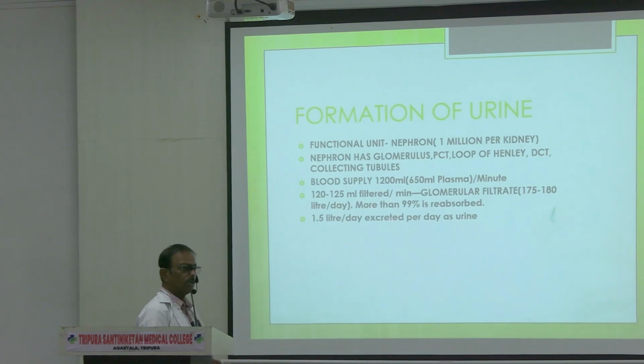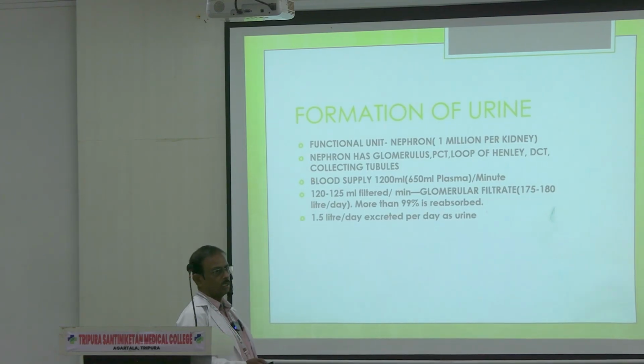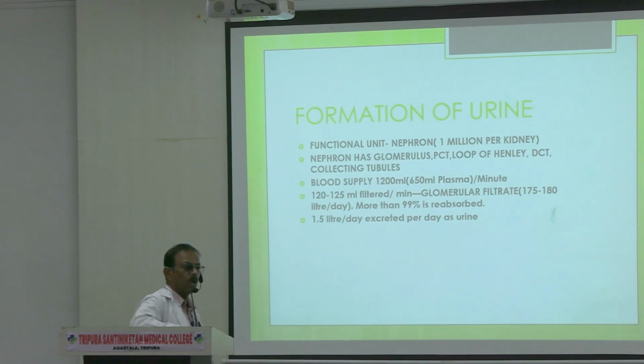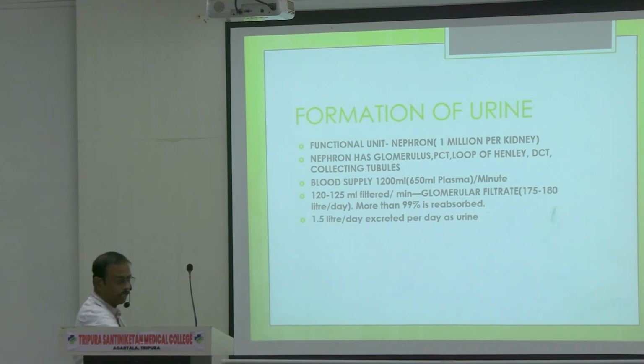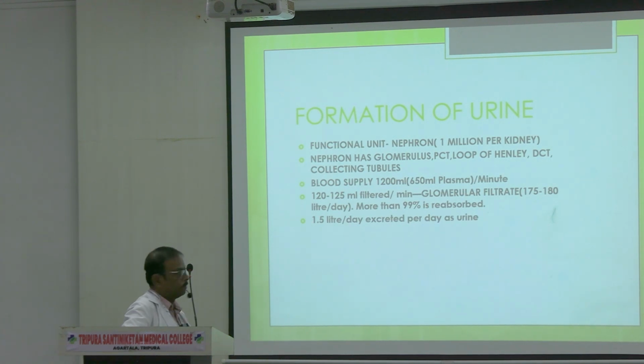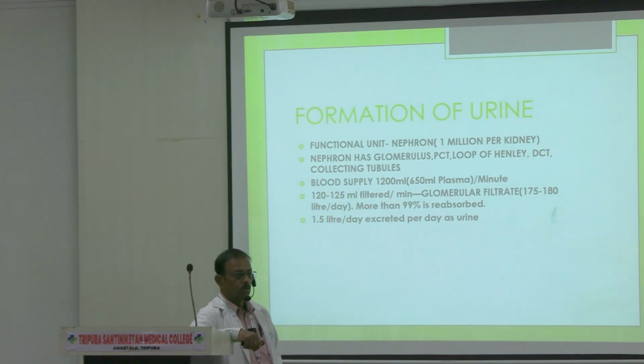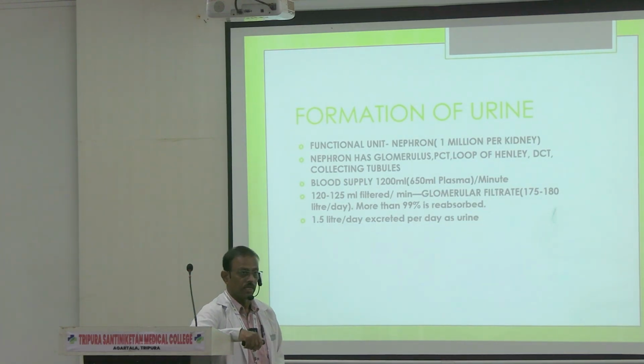Blood supply of kidney, about 1200 ml of blood, whole blood, or 650 ml of plasma is supplied in kidney per minute. This accounts about 1700 liter of blood per day.